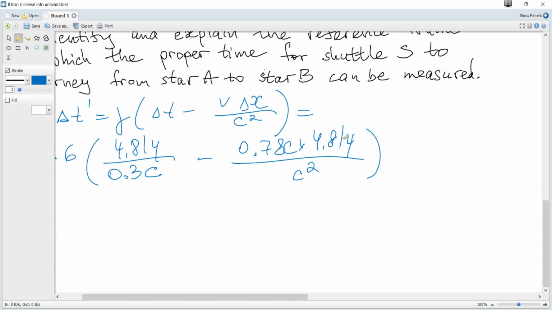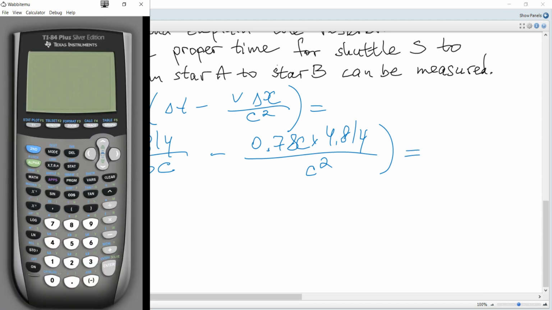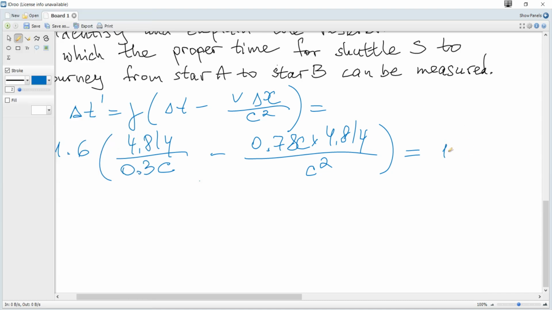And again you can see light years is c and years, so c and c squared cancel, and hence we get that it is equal to 19.6 years.